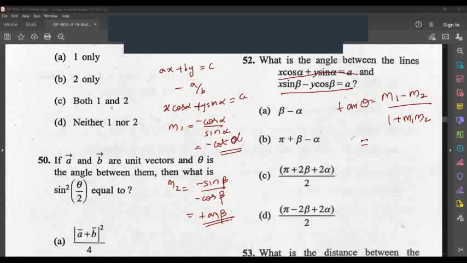Now, m1 is minus cot alpha and m2 is tan beta, so tan theta is equal to (minus cot alpha minus tan beta) divided by (1 plus minus cot alpha tan beta).